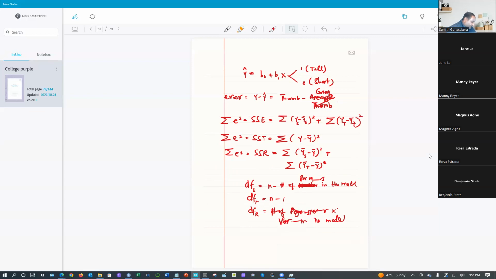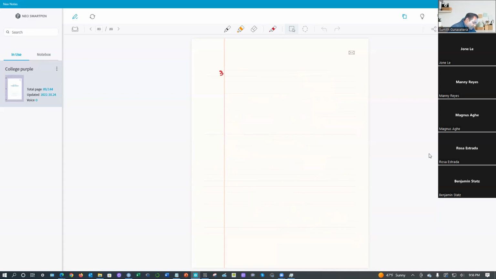The third model is the regression model that we talk about right now. Look at the regression model. Both are what? X, you put the height, quantitative data. Y, some length, again quantitative.